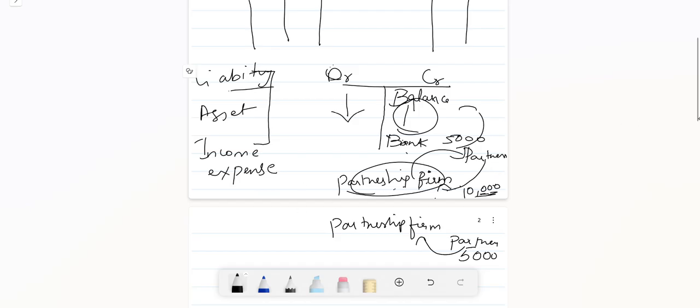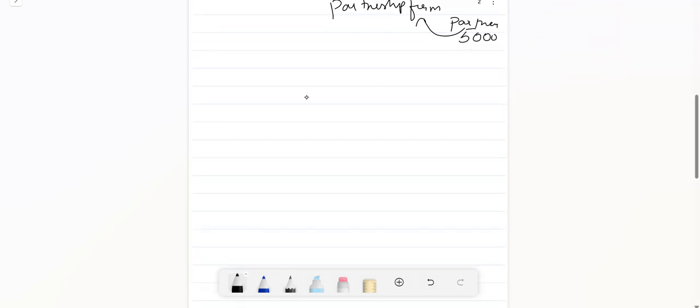Now what happens? There is something called drawings. So what happens in drawings? There's a partnership firm and there's a partner. Suppose the partner has invested 15,000 rupees. Now the partner needs money, so from the partnership firm, he withdraws 3,000 rupees.